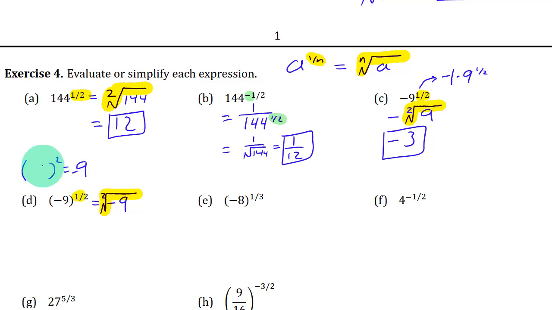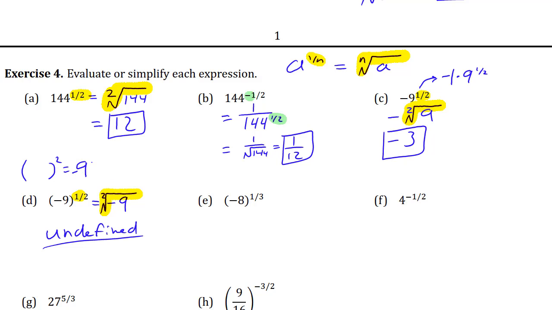But any number multiplied by itself is always positive. Even if you take a negative number and put it in here, you're going to get a positive thing. So it's not going to be negative 3, it's just going to be undefined. Because there's no number you can square to get negative 9.